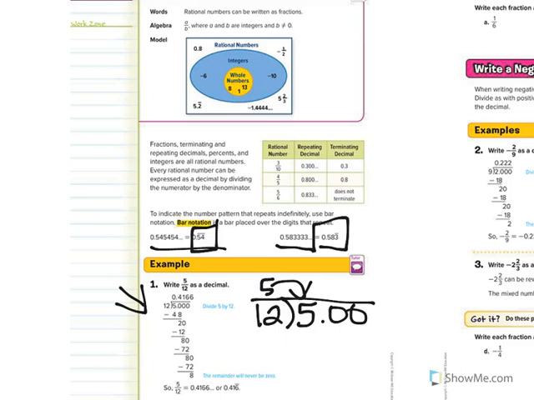Now 12 goes into 80 6 times. 6 times 12 is 72. You subtract and get 8. Annex another 0, bring it down. You get 80 now. 12 goes into 80 6 times. Times 12, you get 72. You subtract, you get 8. And now you can see this pattern happening.